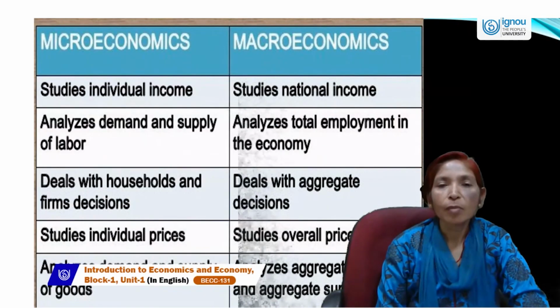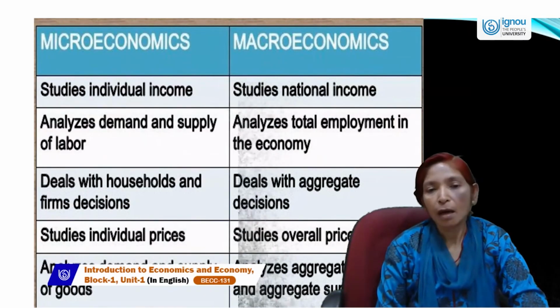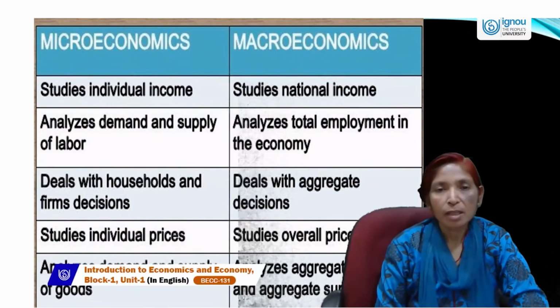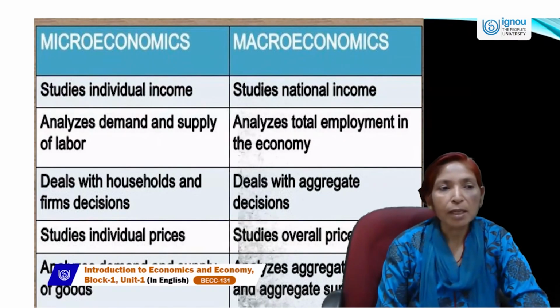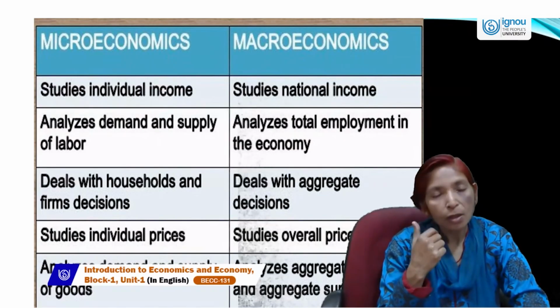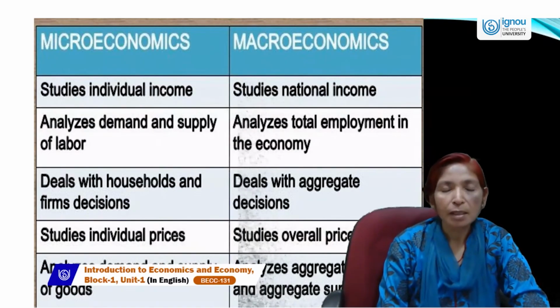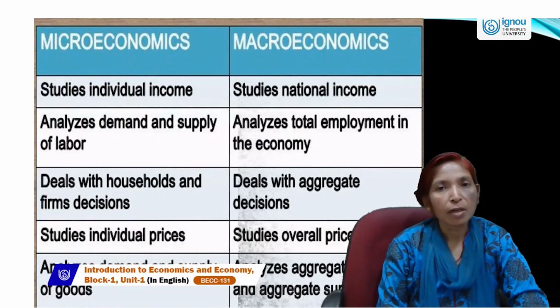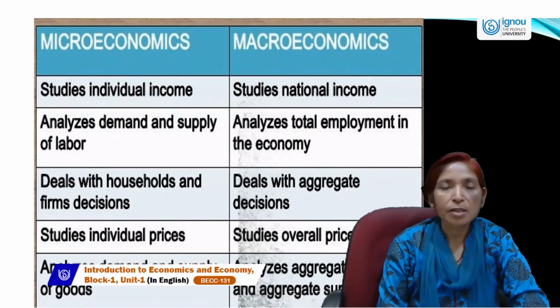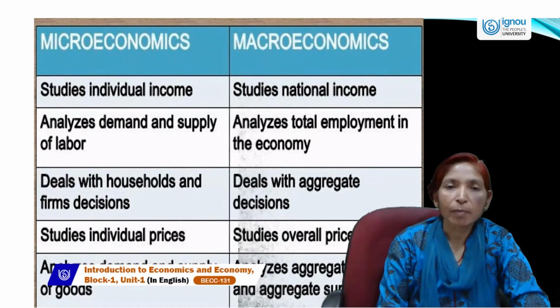Micro means small, macro means large or big. It is clear from its name that micro analyzes individual units of the economy like an individual buyer, individual seller, price of a single commodity, or individual firm and industry. All individual things we study only in the branch of microeconomics.